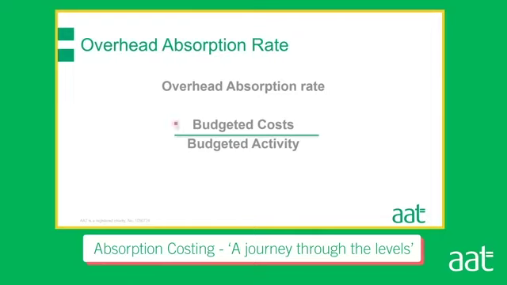So if it makes multiple products, for example, then I'm asking myself, well, is A labor intensive, in which case I'd use labor hours, or is it automated, in which case I would use machine hours. So from level 2, just being able to apply that formula, we've gone to level 3 where we go backwards a bit, if you like, work out how we get the budgeted cost, and then we apply the formula.